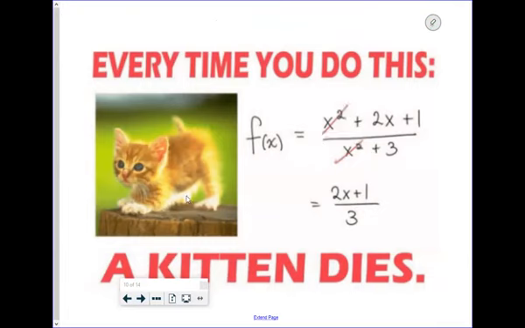You would have been able to cancel them if this had multiplication here. But it wasn't multiplication, it was addition. I will write rude things on your tests and quizzes because every single time you cancel out a term instead of a factor, this cute little kitten dies.